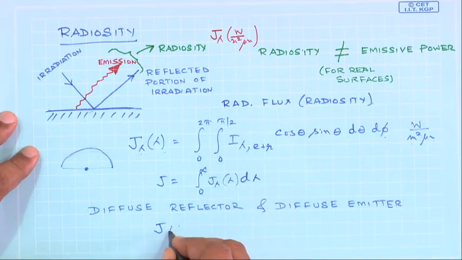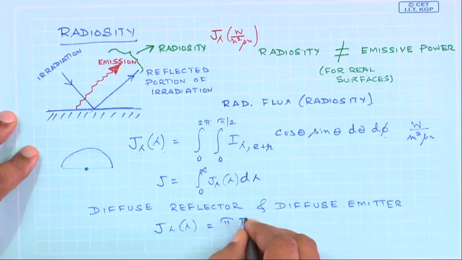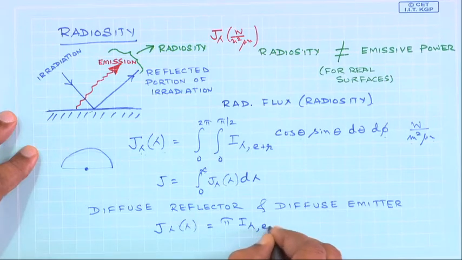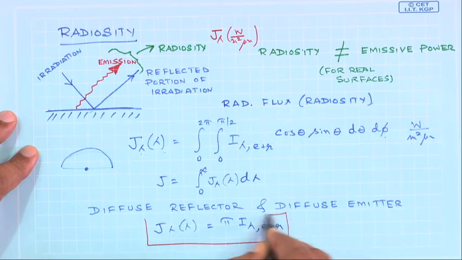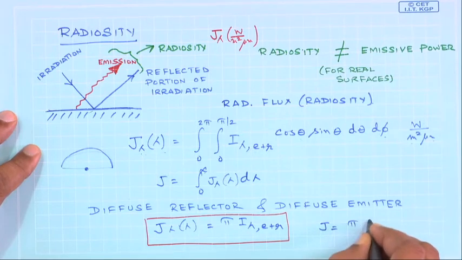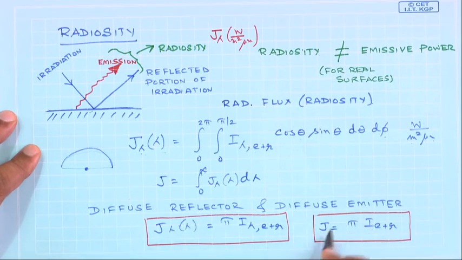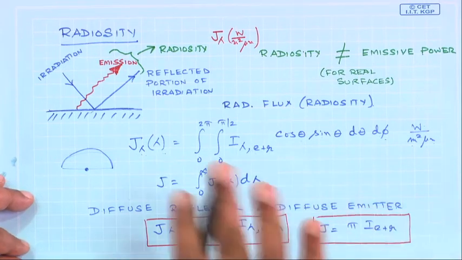So, therefore, J lambda, the spectral radiosity, is simply going to be equal to pi times I. This is the first relation, and the second relation obviously is going to be J equal to pi times I, E plus R. This is the overall radiosity and this is the spectral radiosity.